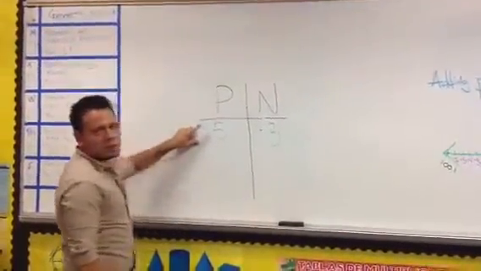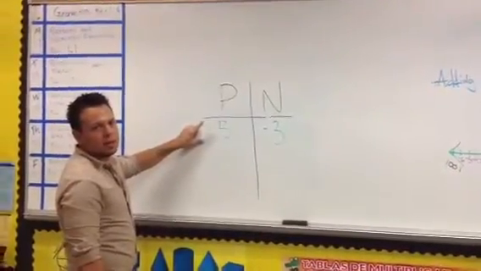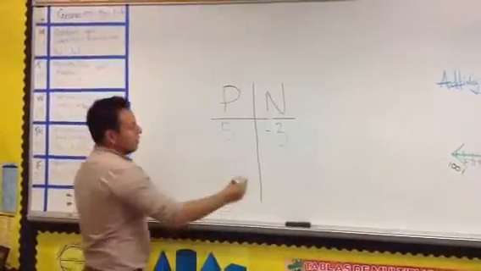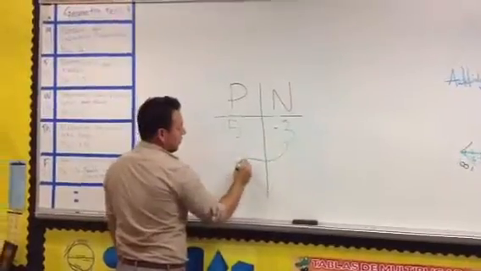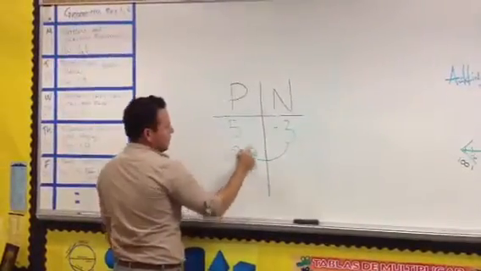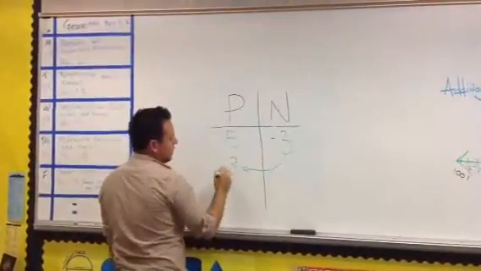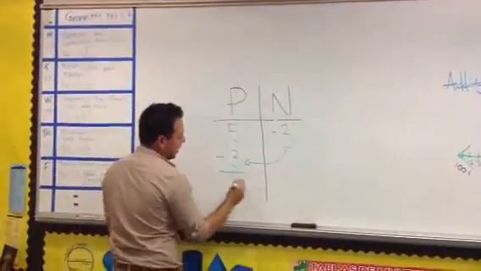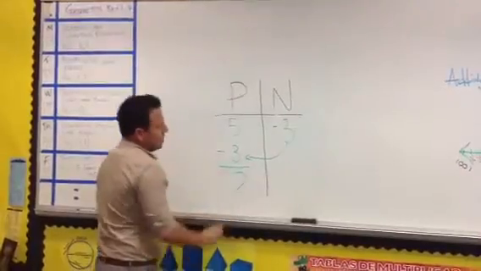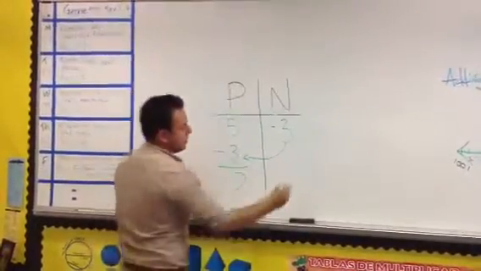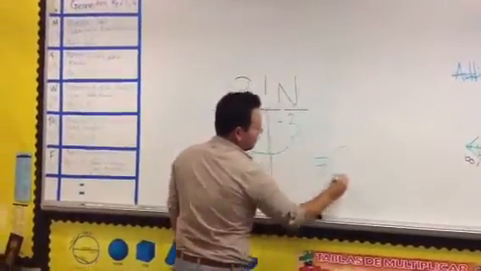Which one's your bigger number? The 5 or the 3? If you said 5, correct. So you're going to bring the 3 over. Because there's opposite signs, you have to subtract, and you get 2. Because under the positive column, your answer is going to be a positive 2.